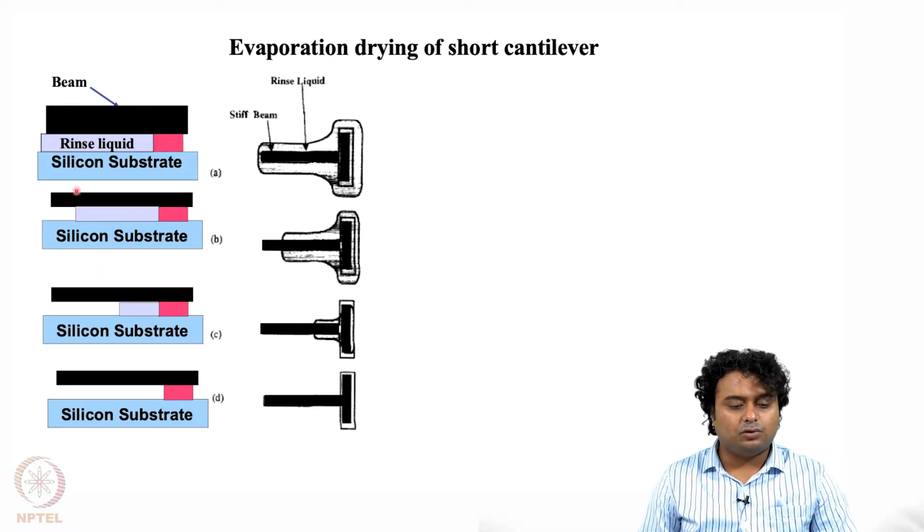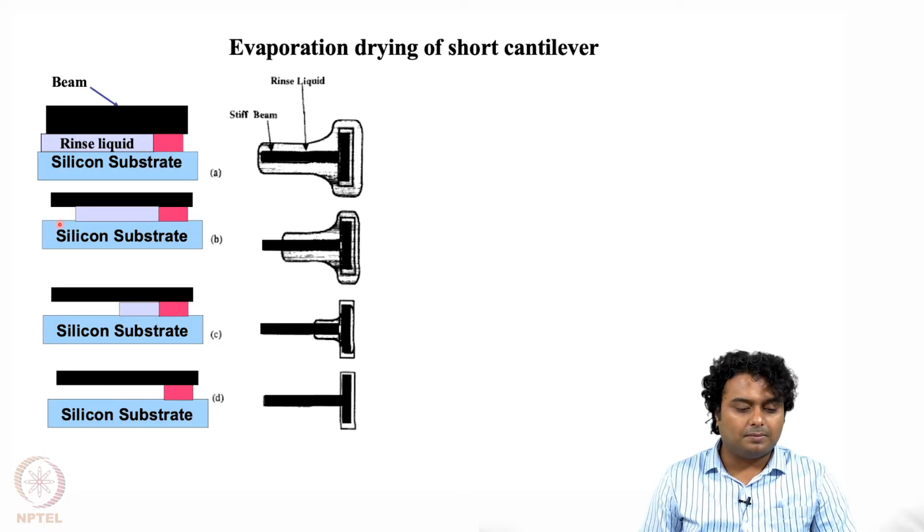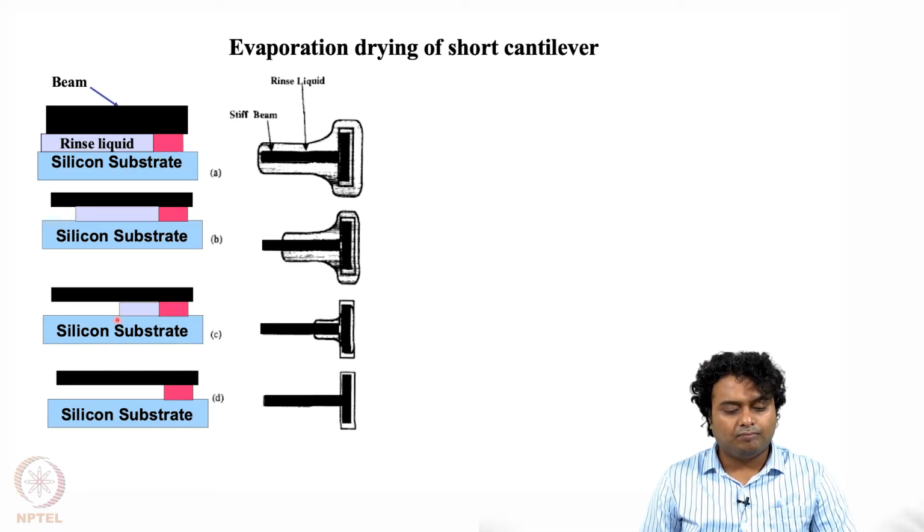Though this liquid is pulling the cantilever down, as this is a short cantilever, the restoring force is also much higher than the surface tension, the capillary force. So because of that, it is not able to pull it down so much that it will get stuck here. Rather, the liquid starts drying up and it will ultimately get completely dried without any stiction.